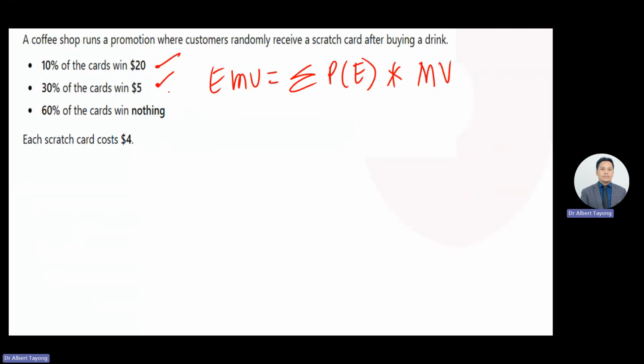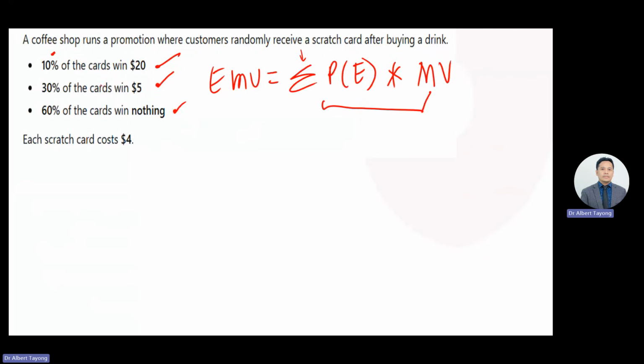Here we have the second event, where the probability is 30% and the loss is 60%, a total of 100%. So using this formula, we are going to use the summation. So we multiply the probability and the monetary value.